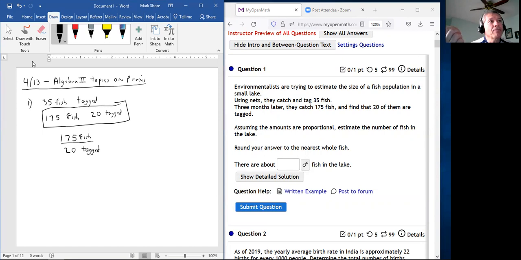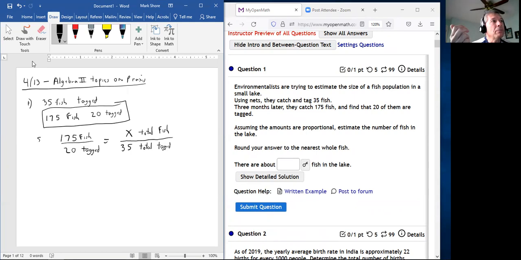Now you might be saying, okay, so what do we do with this? Well, up here, this is the total amount of fish tagged. So there's 35 in the whole lake total tagged. And that should be the same proportion as here in terms of the total amount of fish. So here, this unknown is the total amount of fish in the lake.